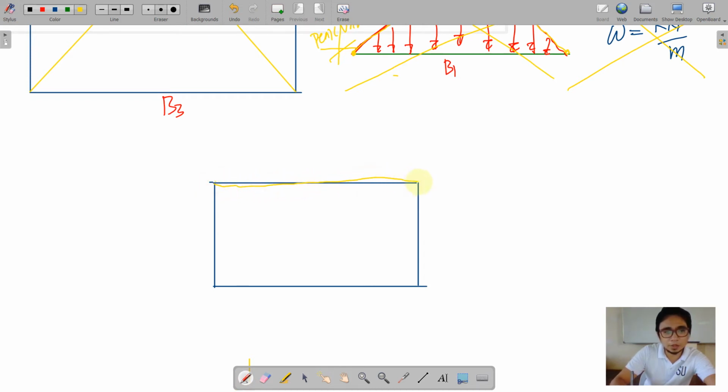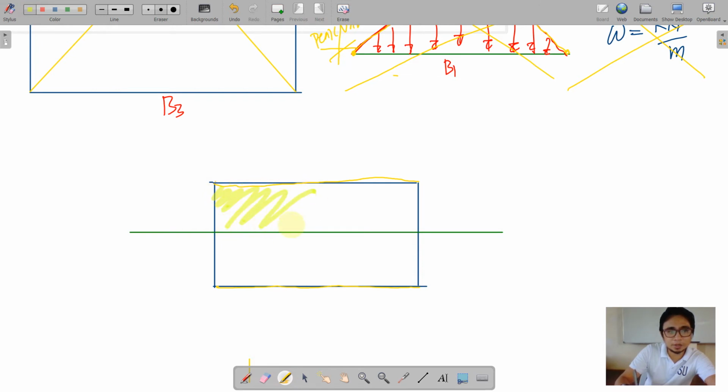We have here the longitudinal section. We'll just have to divide that, or split along the long direction, just as the principle on the one-way slab. We're gonna split that one and consider this again as our area. Okay, this is our area of consideration.